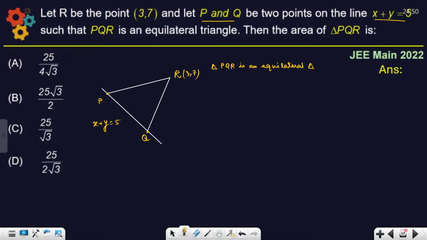No. Basic class 10 geometry will serve our purpose. In this case, I will simply find the perpendicular distance from R on the line x plus y equals 5. Clear? That is, we want to find this distance.